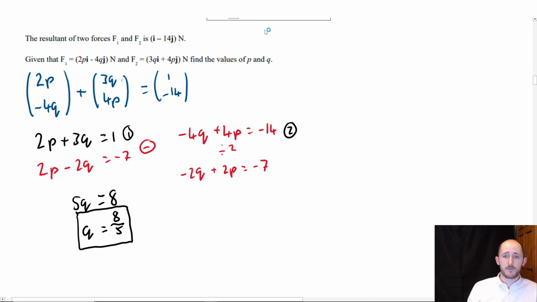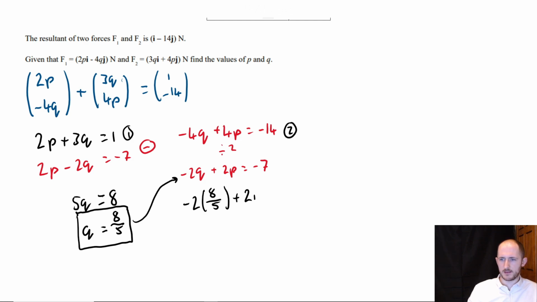And for the other one, we're just going to substitute this back into the original equation in order to figure out which one it is. Which equation would be easiest? I'm just going to substitute it into this one. We have minus 2 times 8 over 5, plus 2p equals minus 7. So we have minus 16 over 5, plus 2p equals minus 7.